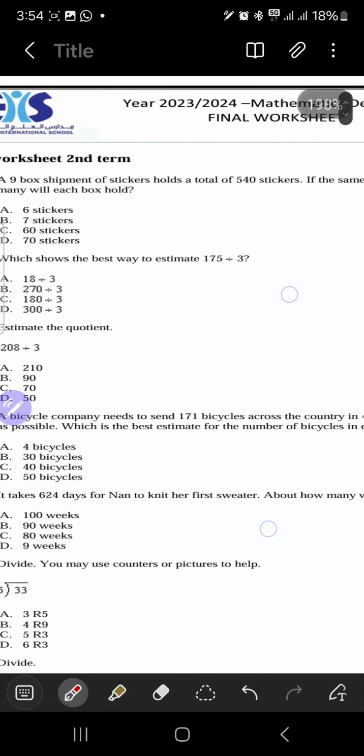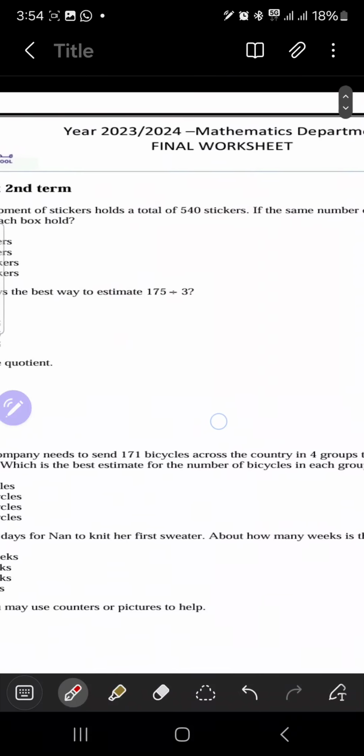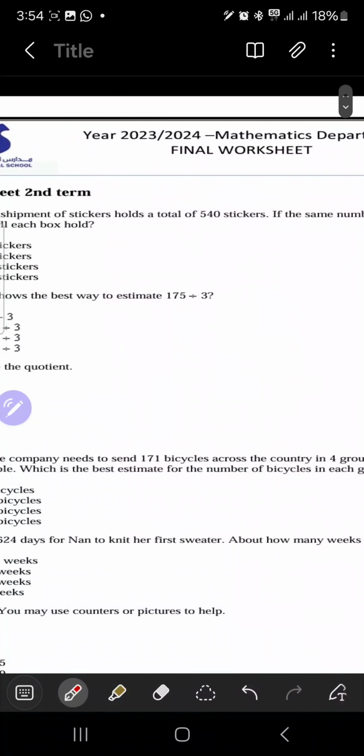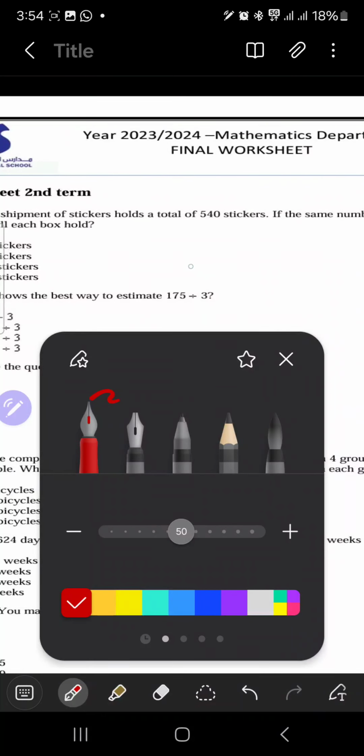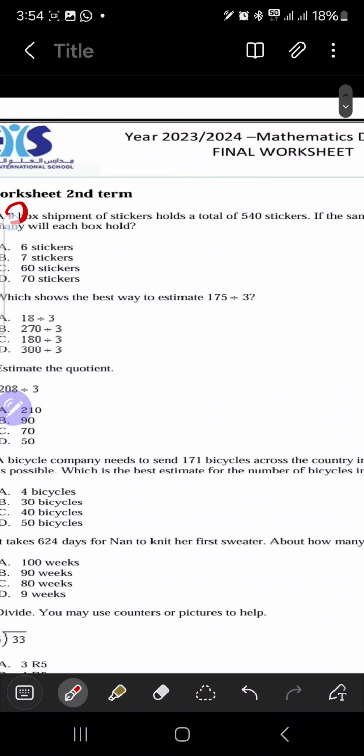We have a 9-box shipment of 6 sticker holds a total of 540 stickers. Well, this is basically a long division question, but we don't need to do the long division. If we know the timetable, we know that 6 times 9 equals 54.